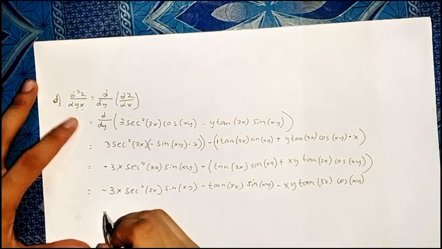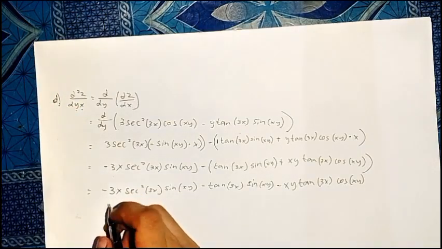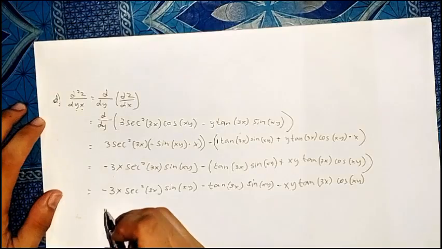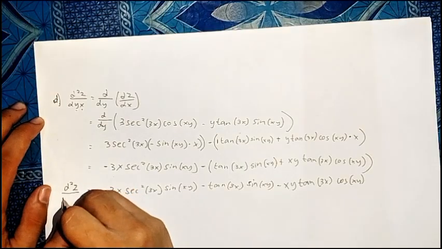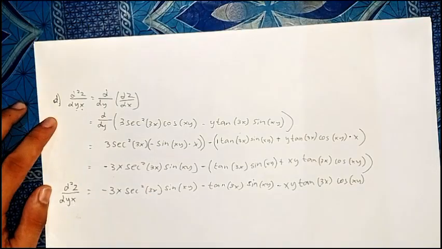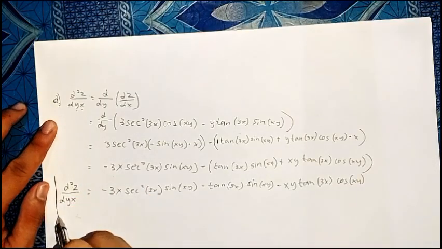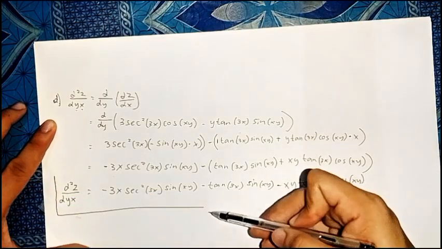So this is now our higher order partial derivative of partial squared z over partial yx. This is now our answer.